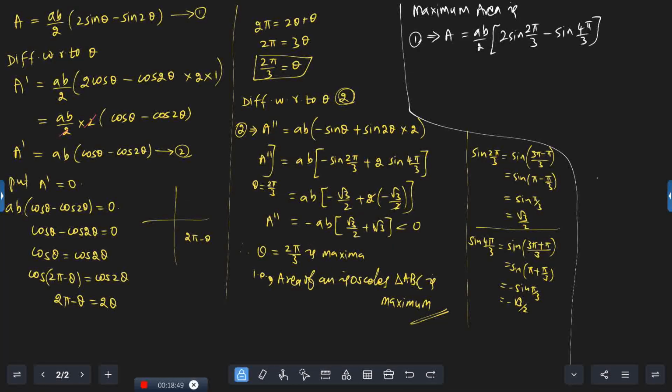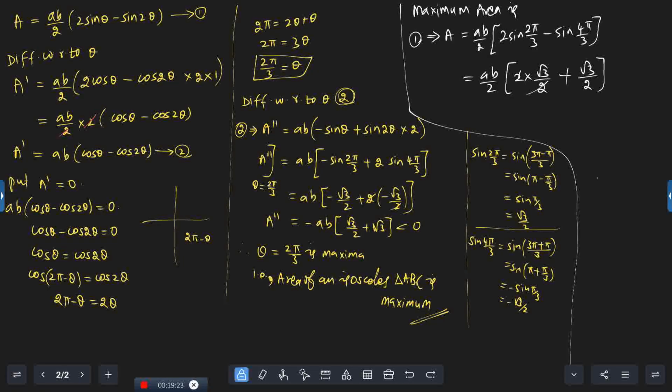We already have the values of sin 2 pi by 3 and sin 4 pi by 3, so apply directly. AB divided by 2 into 2 times sin 2 pi by 3, which is root 3 divided by 2, minus sin 4 pi by 3, which is minus root 3 by 2. Minus into minus is plus, so root 3 divided by 2.